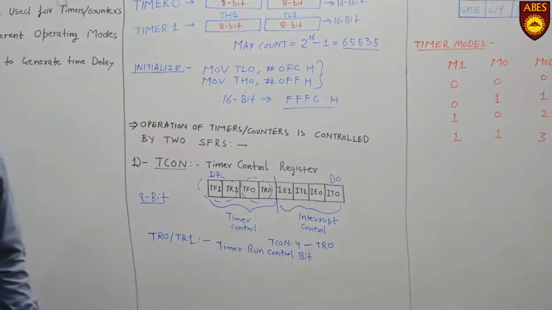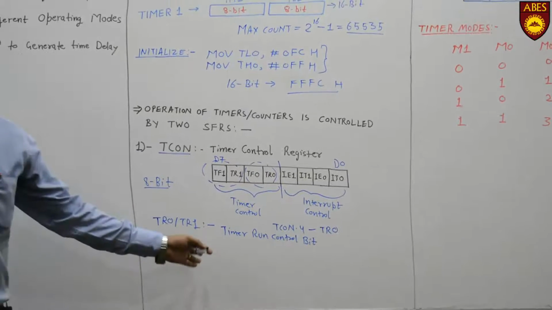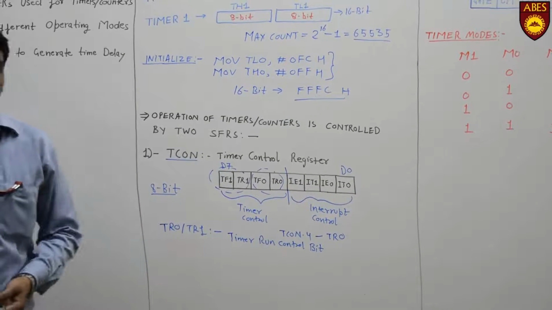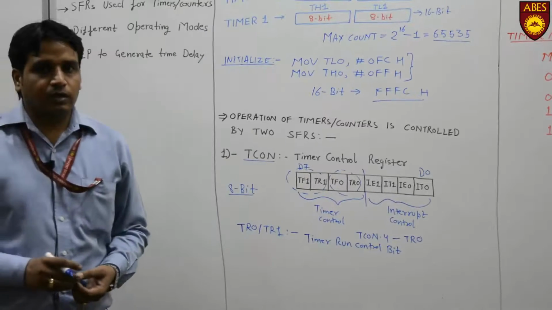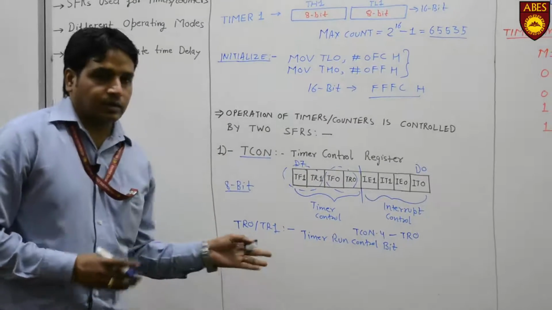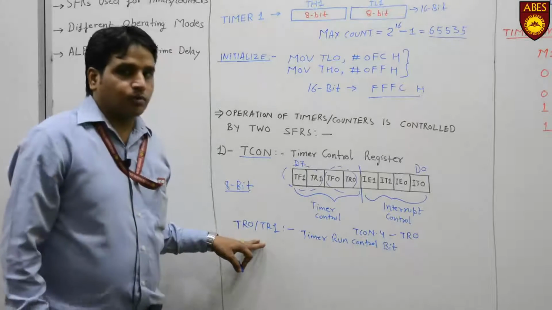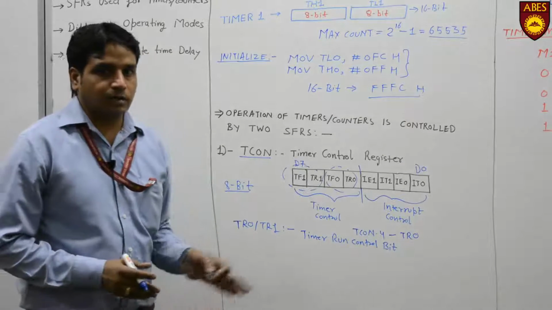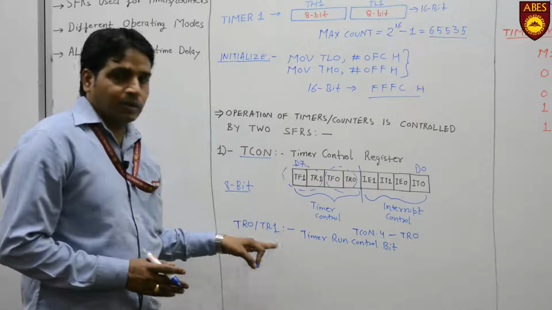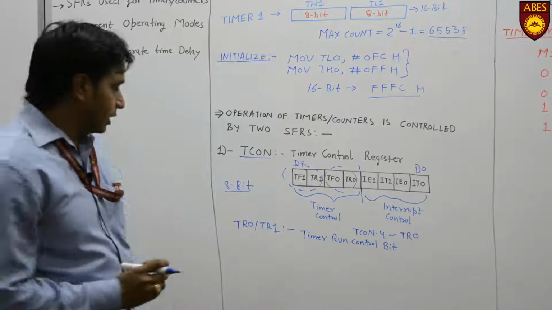As the name itself indicates, the timer run control bit is used to start or stop the function of the timer or counter. So what it means is, we can start the timer or counter at any point with the help of this bit, and also if we want to stop the timing and counting operation, we can do that with the help of this TR0 or TR1 bit.